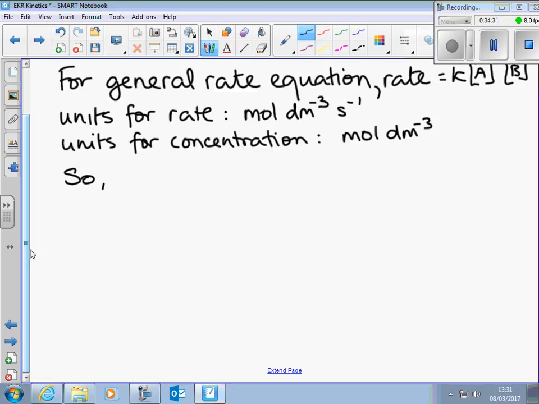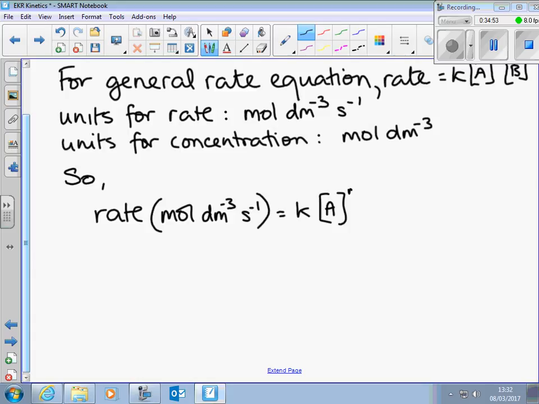All right, let's see if I can make this work then. If we've got our rate in moles per decimeter cubed per second, equal to K, and then it's A to the M, B to the N, we've got moles per decimeter cubed for each of those, but of course, to what power?